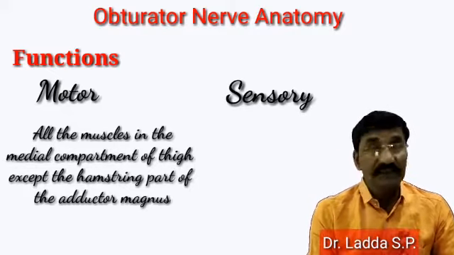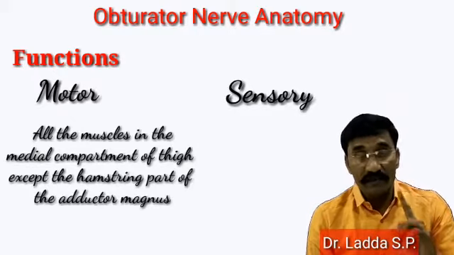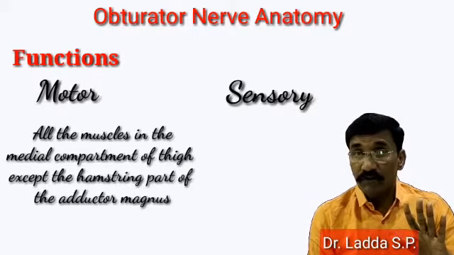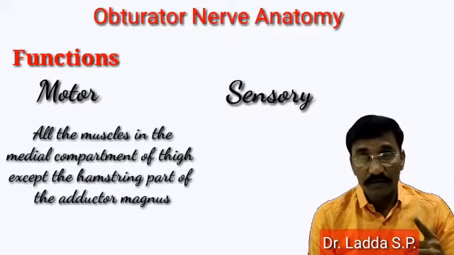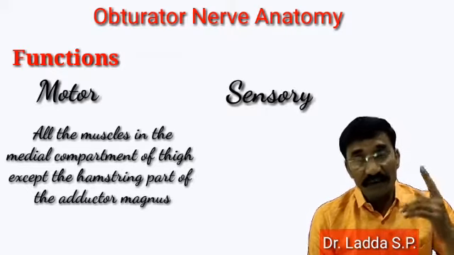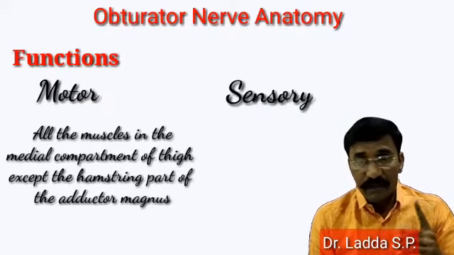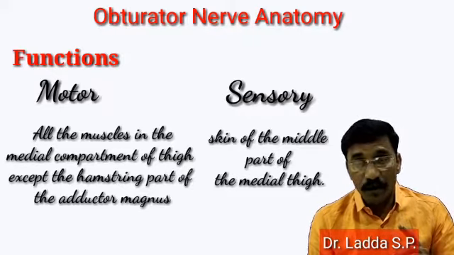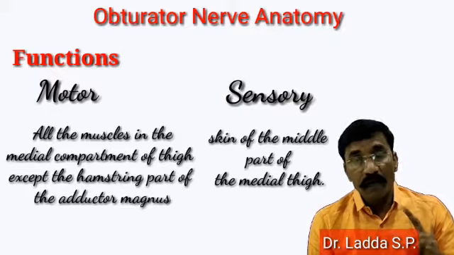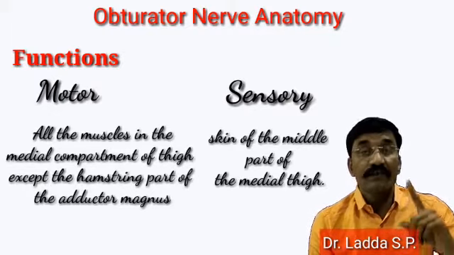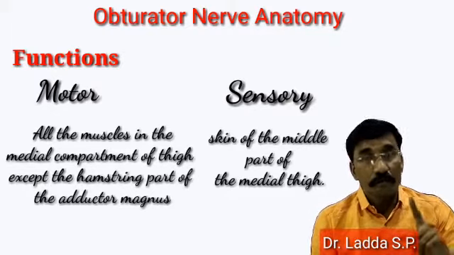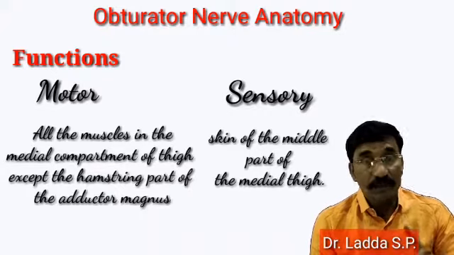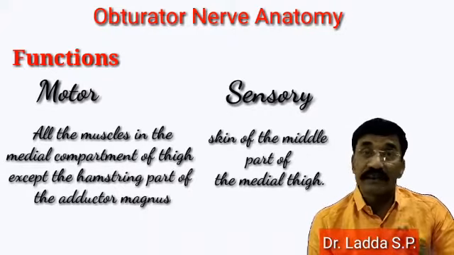Now this is about the motor function. Now about the sensory function. The cutaneous branch of the obturator nerve supplies the skin of middle part of the medial thigh, which is its sensory part.